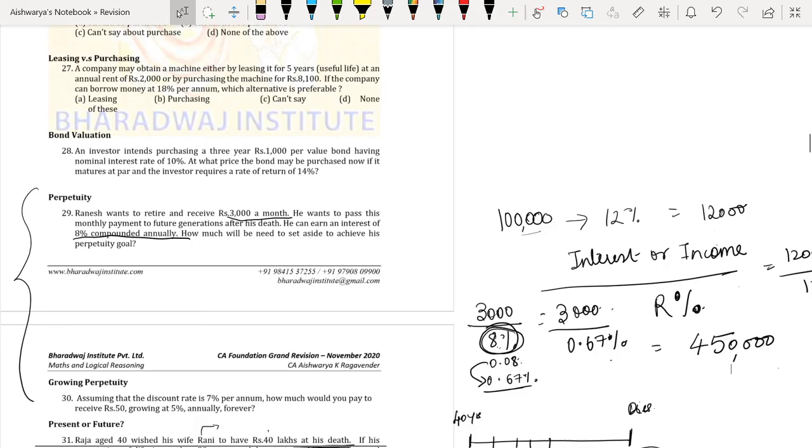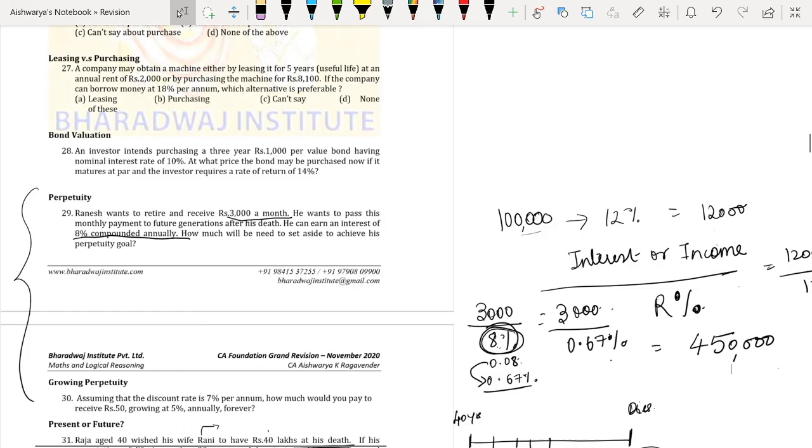Shall we go to the growing perpetuity case? Just read, Archana. Right. So there's a growth also in the annuity. If there's a growth, the formula will have, you are going to receive 50 rupees.